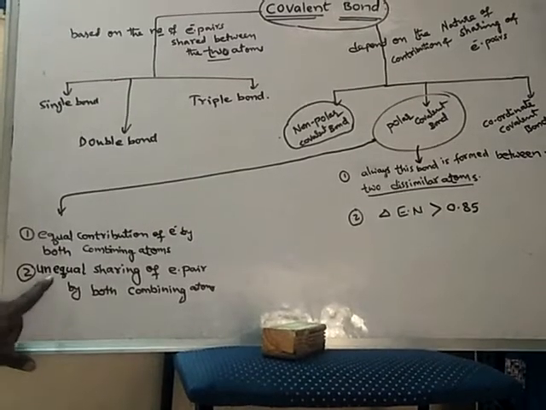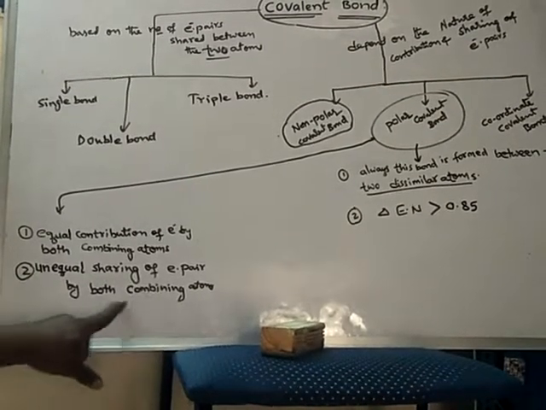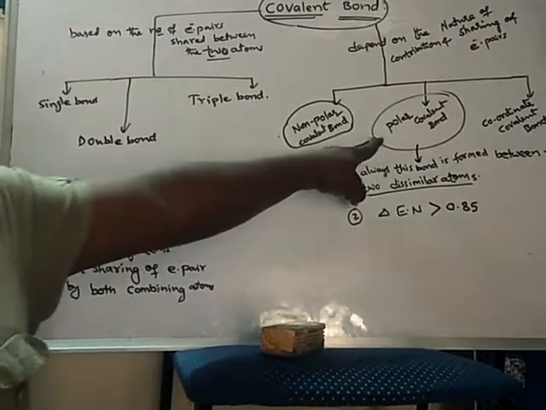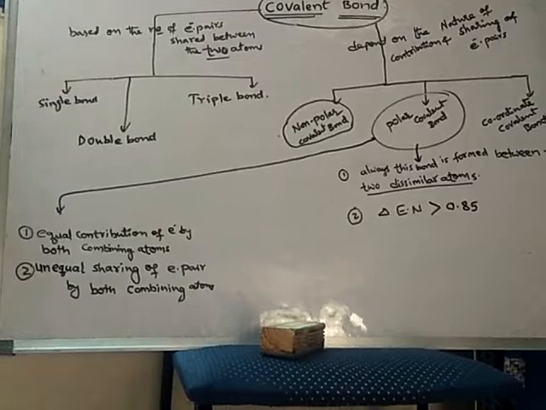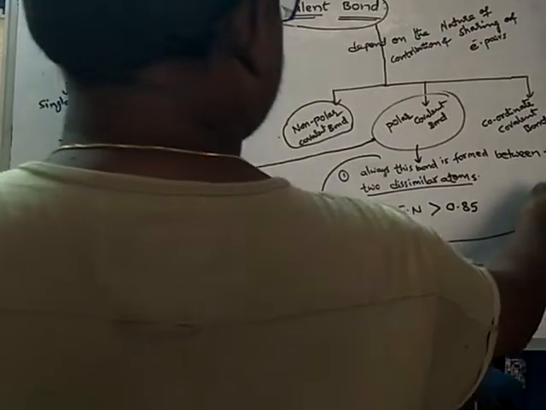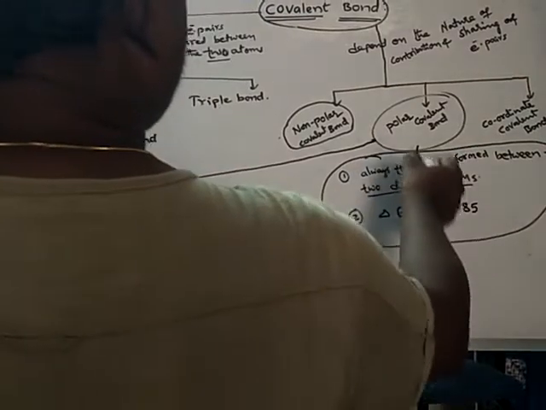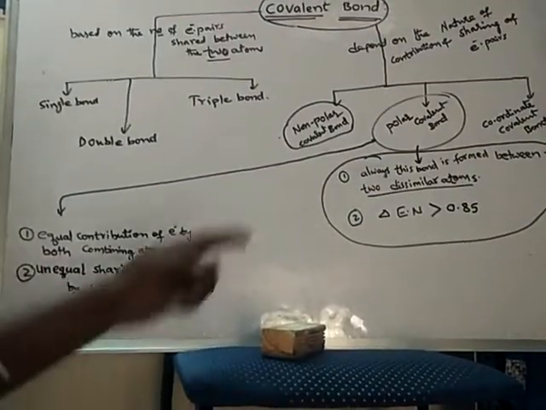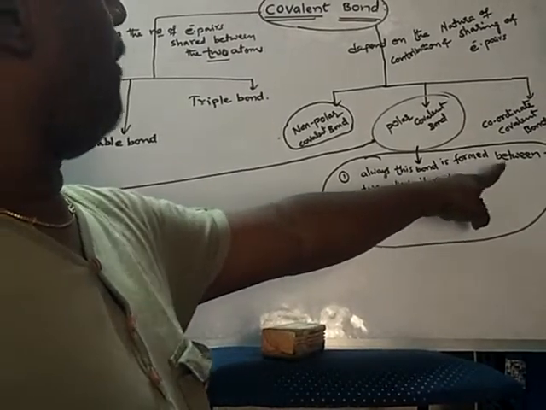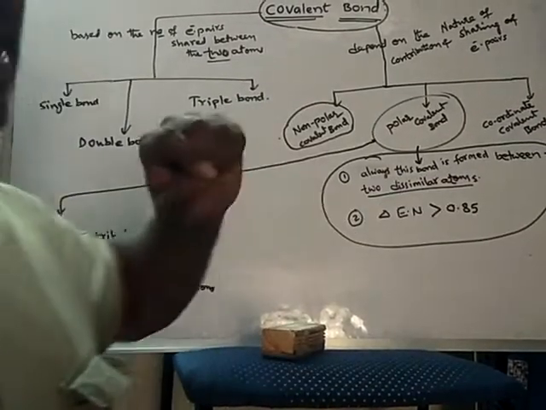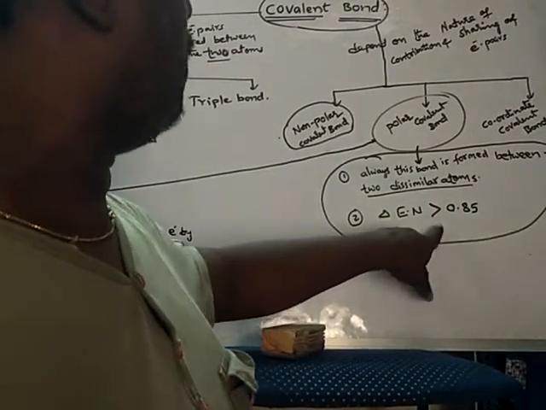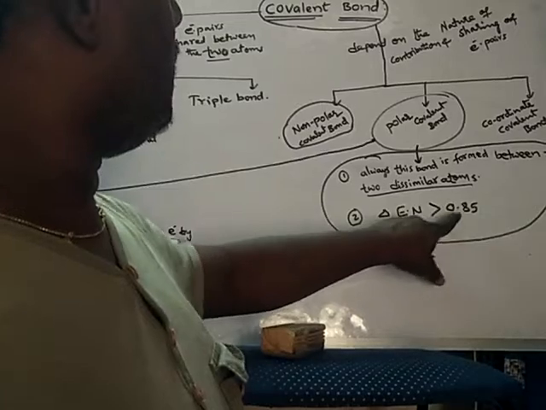Equal contribution and unequal sharing of the electron pair by both combining atoms. So this is the condition for the formation of a polar covalent bond. A polar covalent bond always takes place between two dissimilar atoms, and the electronegativity difference between the two dissimilar atoms should be greater than 0.85.